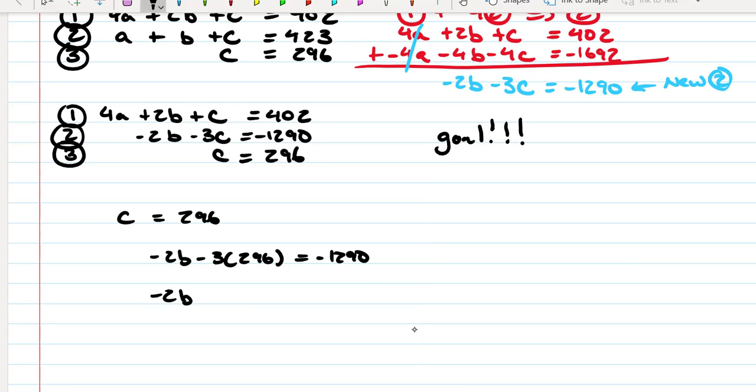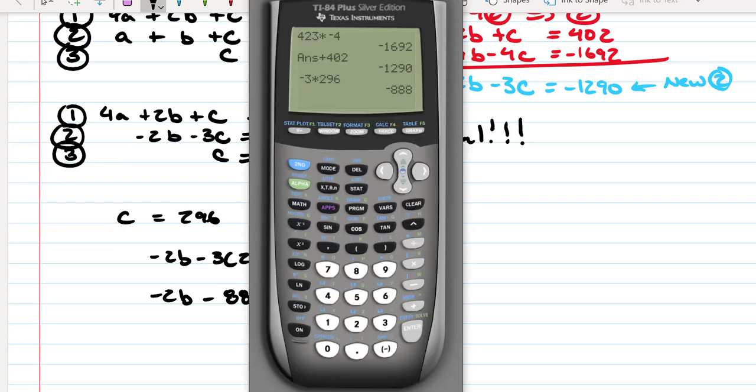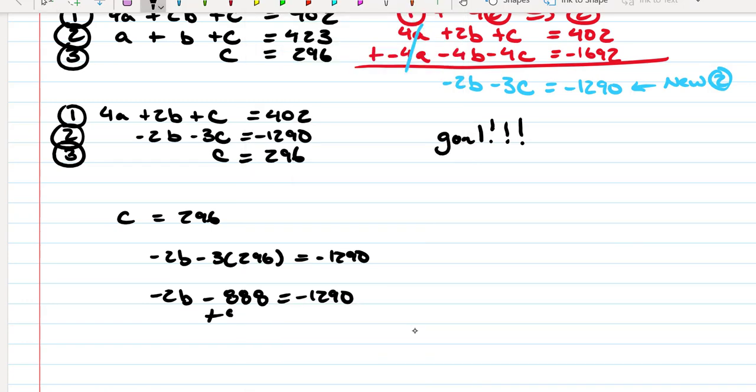So -2b minus 888 is equal to -1290. So then I have -1290, I'm going to add to it 888. So I add 888, and I add 888.